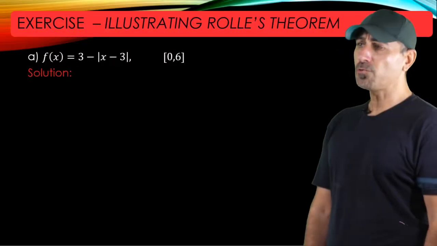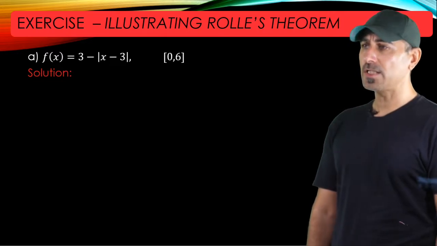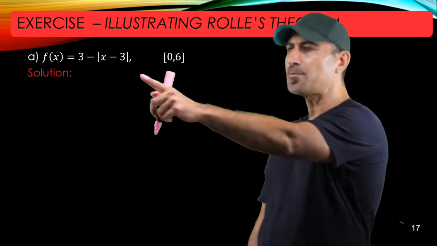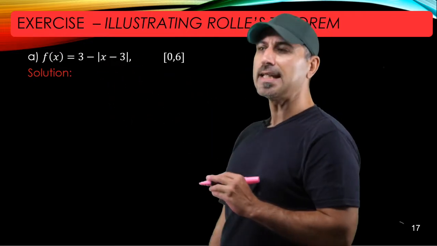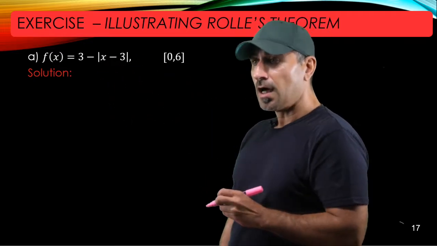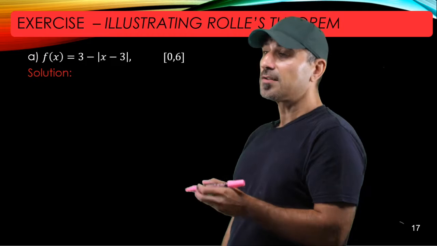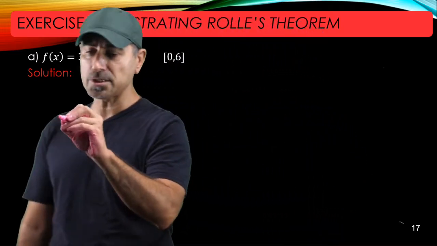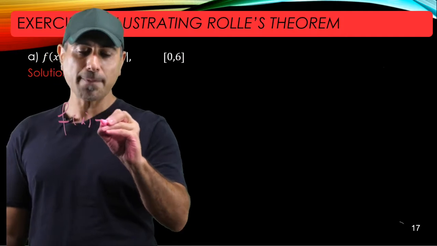First of all, we want f to be continuous on the closed interval 0 and 6. But this is an absolute value function, and whenever you see an absolute value function, what that means is the function is piecewise defined. So I can write the function description based on the absolute value.